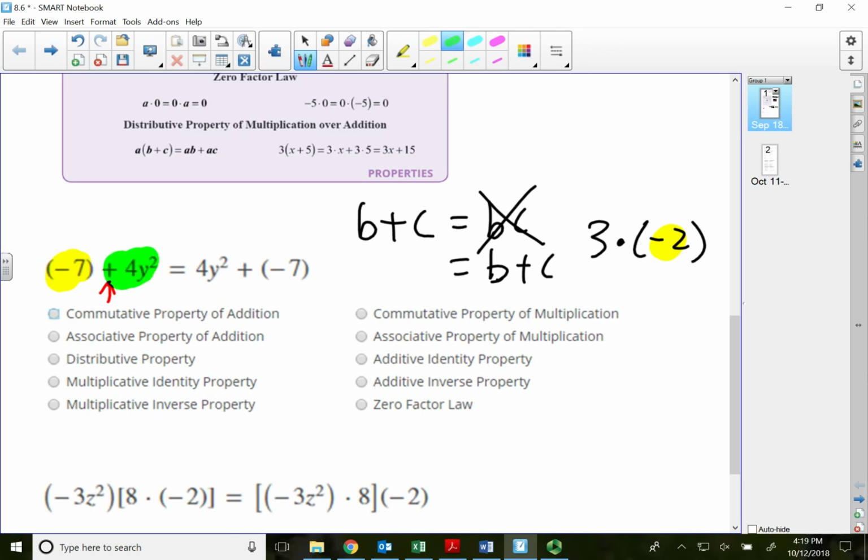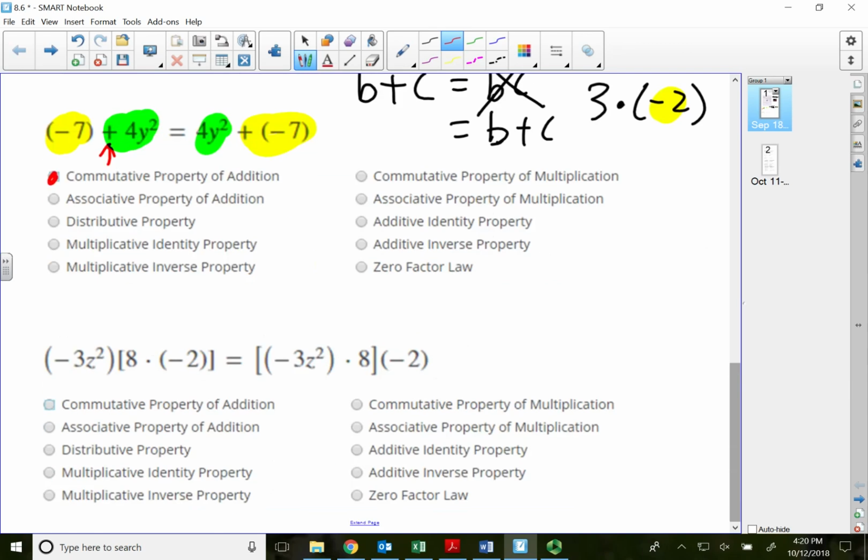On the right side, positive 4y squared goes first rather than -7, and -7 is the second term. So the order of the two terms has been swapped. That has to be the commutative property for addition, because these are multiple terms using a plus sign.